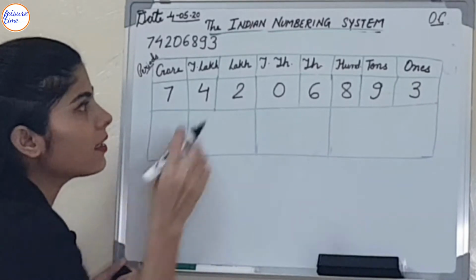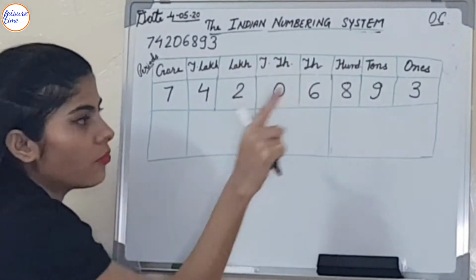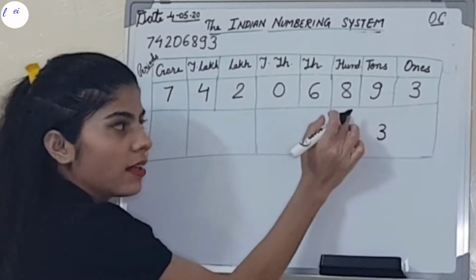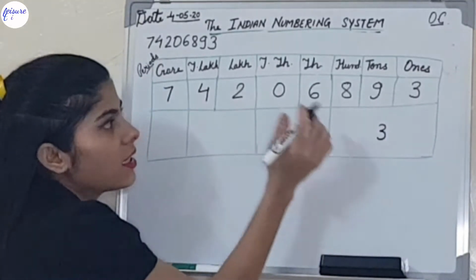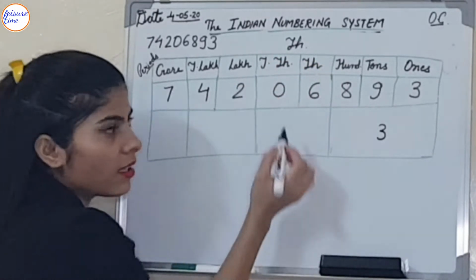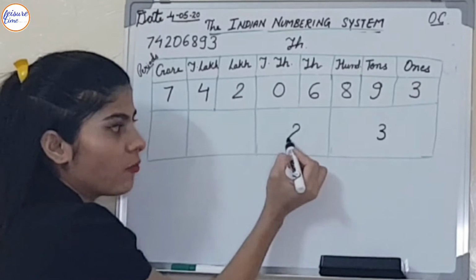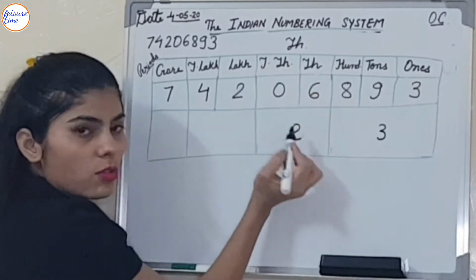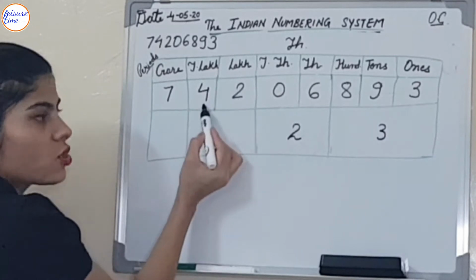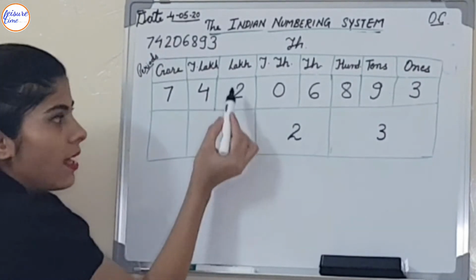In the Indian numbering system we have 3 digits in the ones group: ones, tens, 100. Now in the 1000 group, how many digits are there? 1, 2. So we have 2 digits in the 1000 group. How many digits are there in the lakh group?